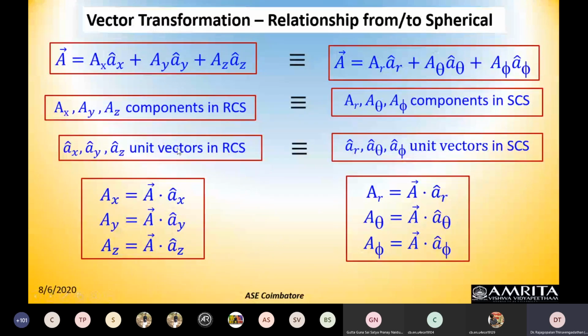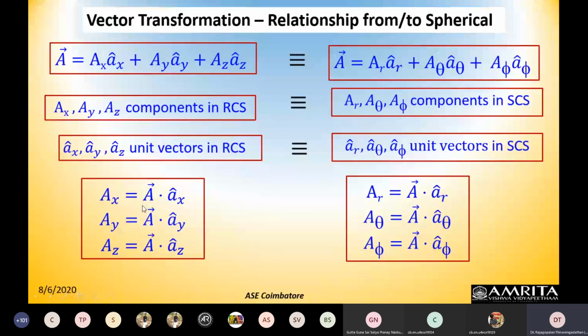The unit vectors a_x, a_y, a_z hats have equivalents in the spherical system: a_r hat, a_theta hat, a_phi hat. Because these unit vectors are mutually perpendicular to each other, we can easily write these components.